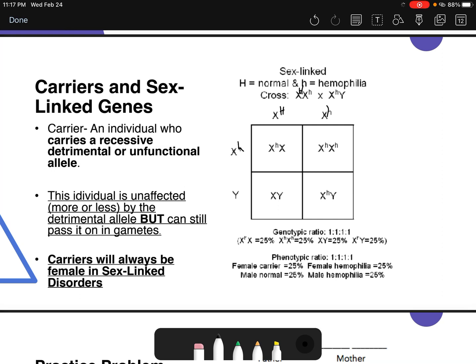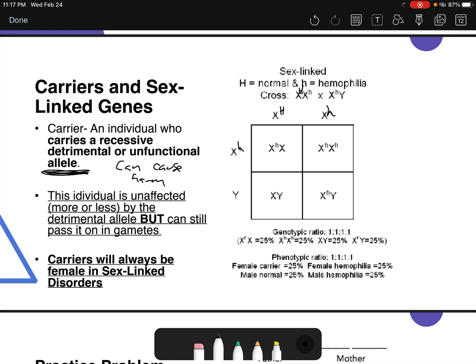So carriers are going to be an individual who carries a recessive or detrimental or nonfunctional allele, and this can cause harm to the individual if that is the only genotype present.